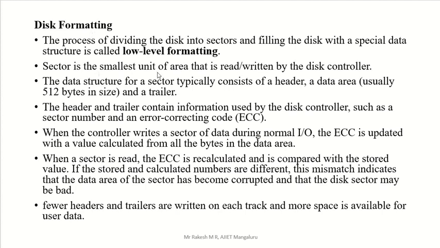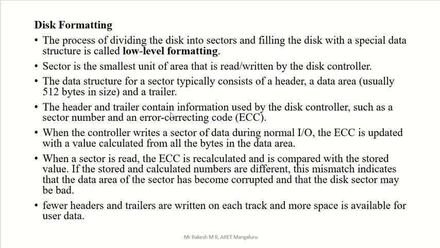A sector is the smallest unit of area that is read and written by the disk controller. The data structure for the sector typically consists of a header, a data area, and a trailer. Three things we have in one sector.